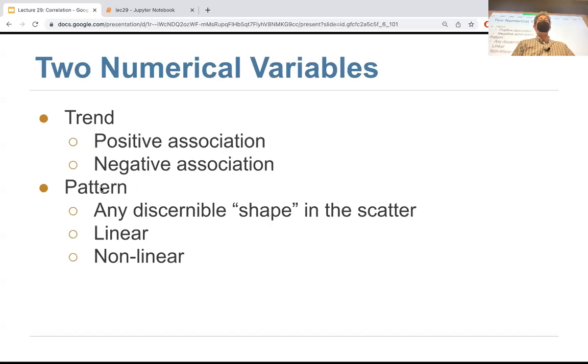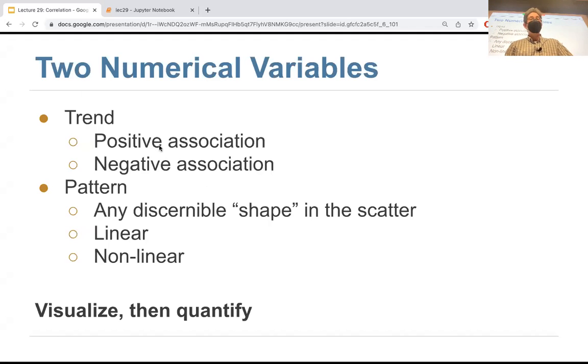But any kind of pattern is an association. And why are associations interesting? Well, they tell you that you have information about the outcome Y, as long as you know whatever is observable X. So for a positive association, if you can observe the X and it's high, then probably the Y is high too.